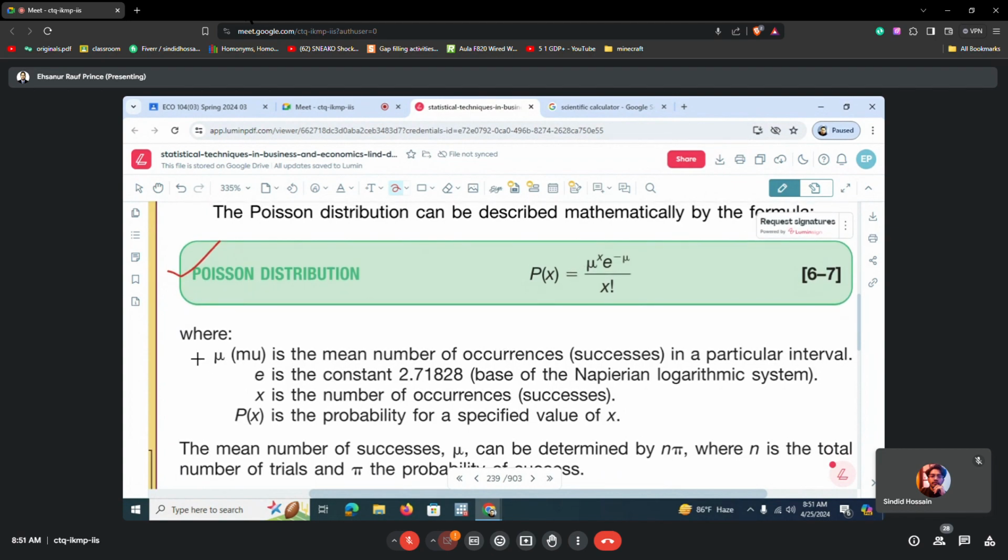First, write the explanation of mu. Everyone, please write it down because it is a bit different. Of course, this is the mean, but look at what they have written here.